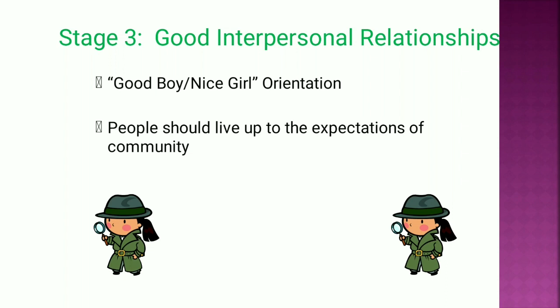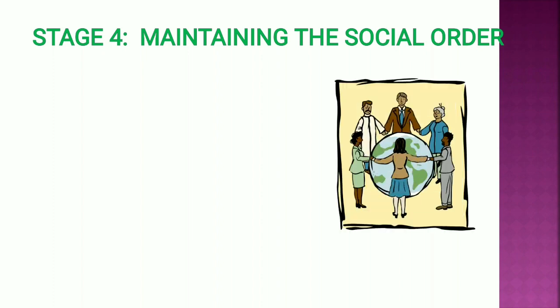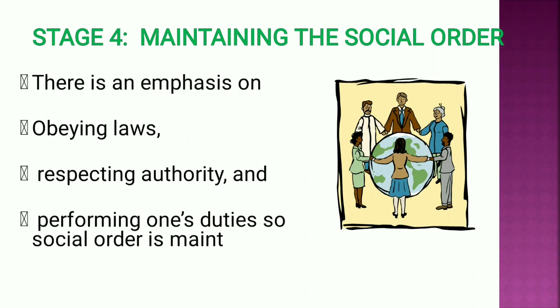So that is stage 3. The next is stage 4, maintaining the social order. There is emphasis on obeying laws, respecting authorities and performing one's duties. So social order is maintained. This comes under stage 4 of Kohlberg's theory.